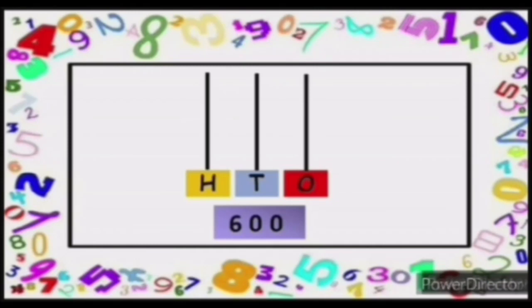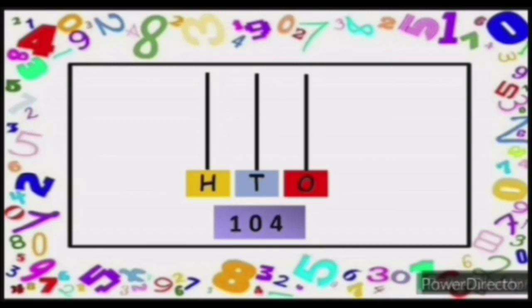Next, look at the tens place. Yes, it's again 0. So, no beads. Now, move on to the hundreds place. Which digit is written? Yes, it is 6. So, we have to draw 6 beads in the hundreds spike. Let's draw. 1, 2, 3, 4, 5, 6. Now, we have drawn 6 beads.